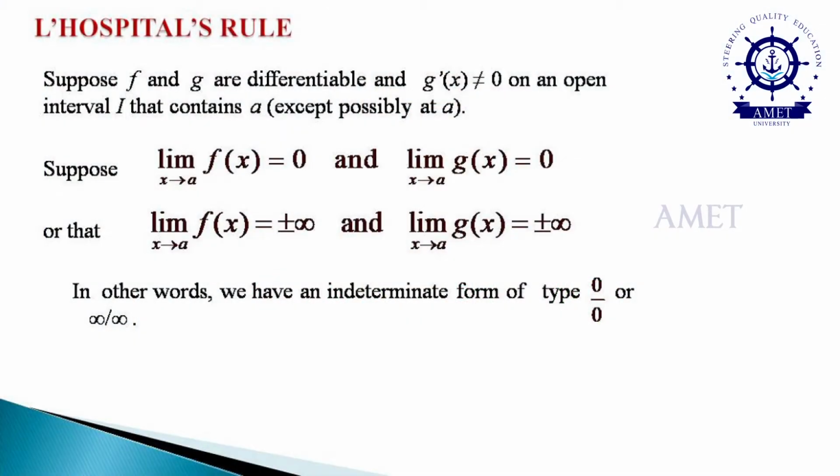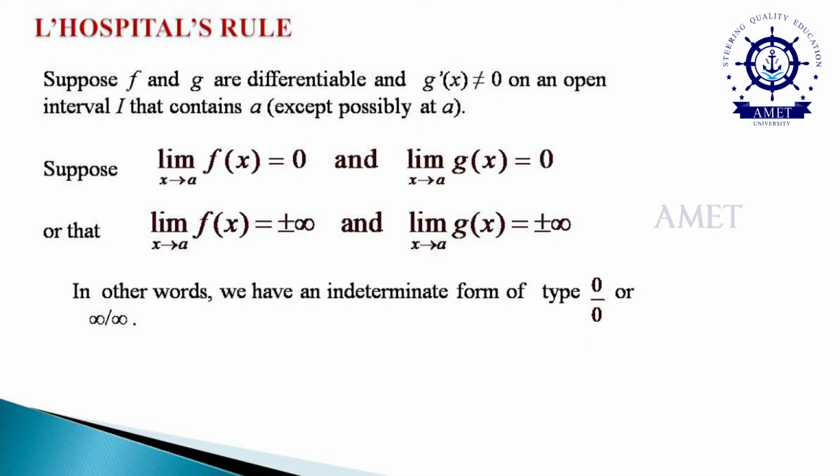So the numerator is 0 and the denominator is 0. Otherwise, f of x is infinity and g of x is also infinity, which is infinity by infinity. We use the L'Hospital rule only for the indeterminate forms 0 by 0 or infinity by infinity.